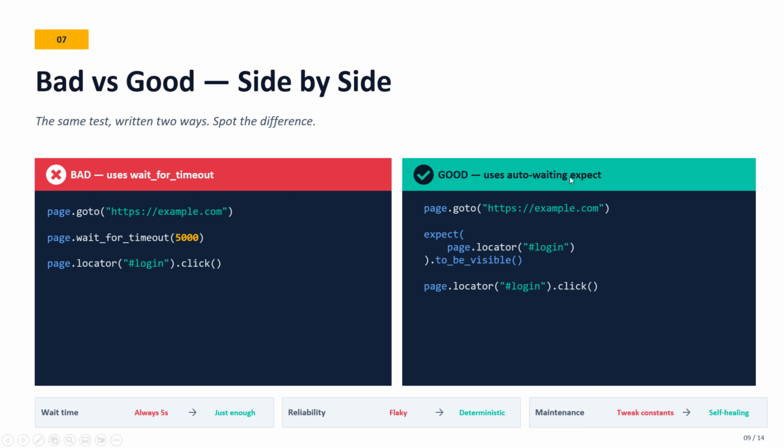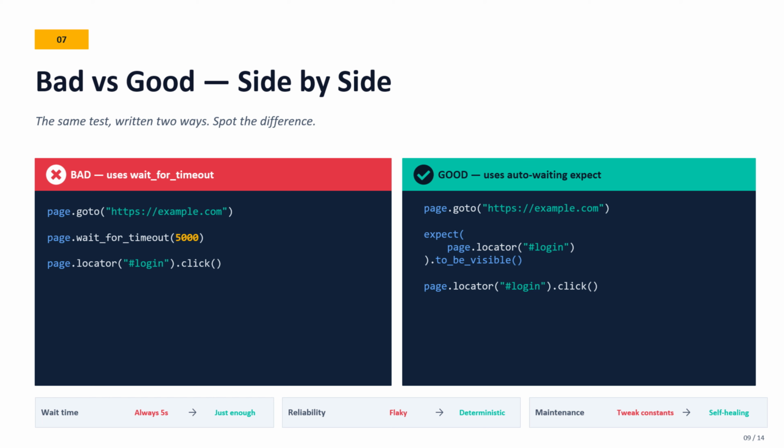It uses the auto-waiting because you are using it this way: expect page.locator, not page.locator this way. Now, because we know that they are default timeouts, we are not giving a custom one here. So this way, you can write good scripts which use the capabilities of Playwright, which is auto-waiting.